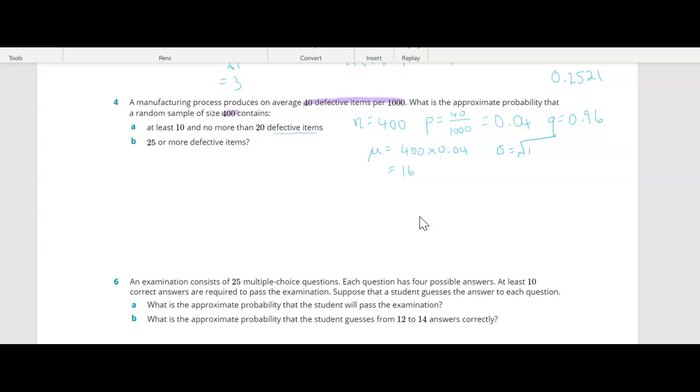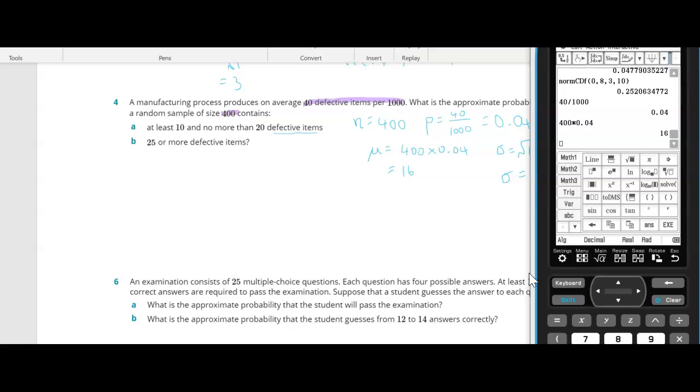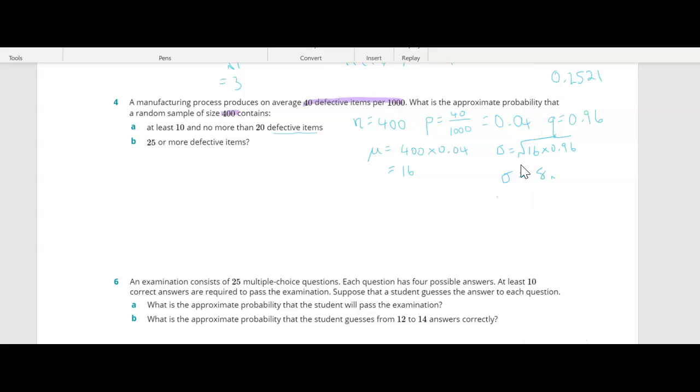We've already done n times p, so 16 times 0.96, and the square root of that is about 3. I probably should leave that as an exact value, so 8 root 6 on 5, just because it's better to not round.